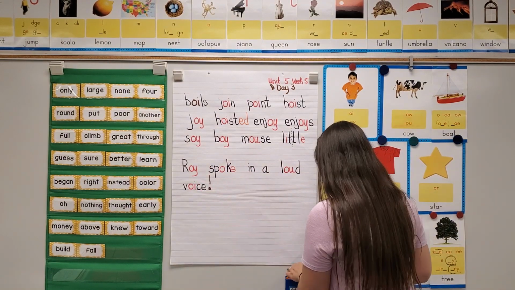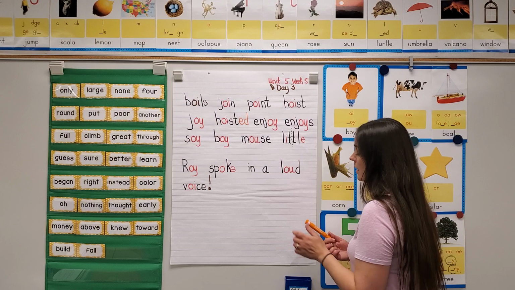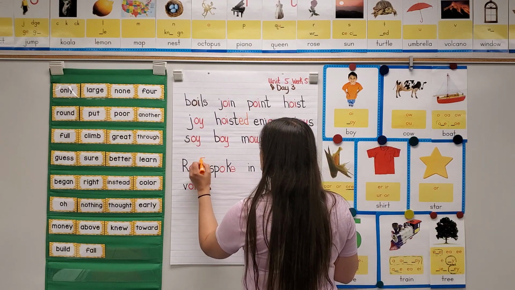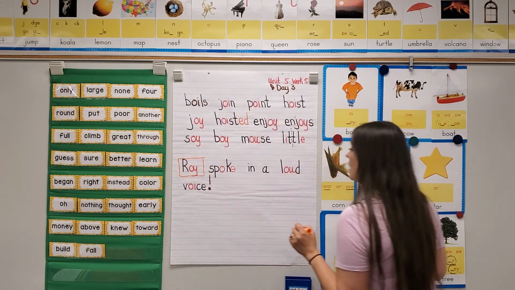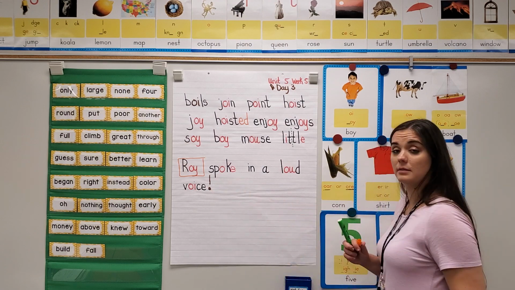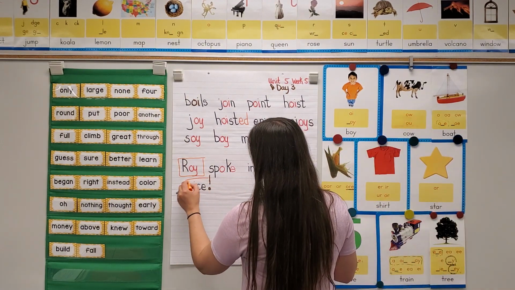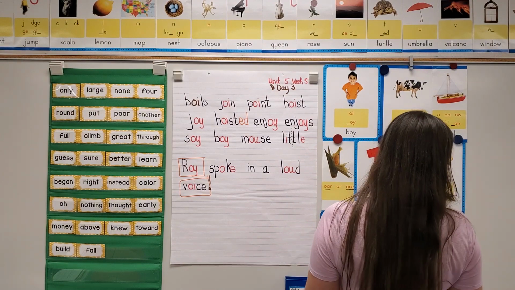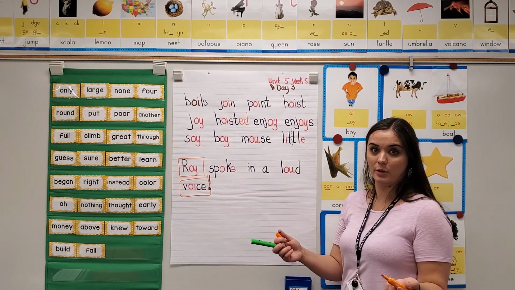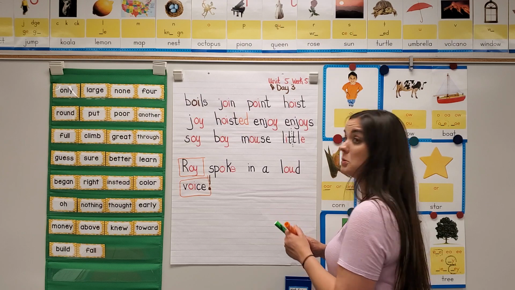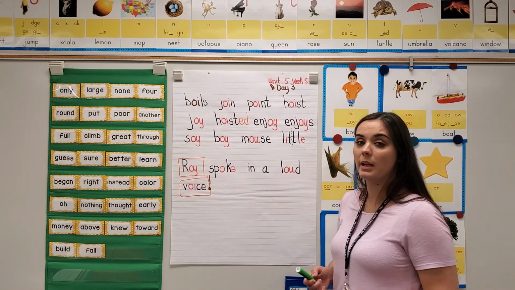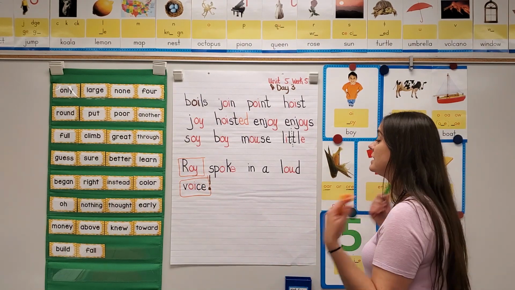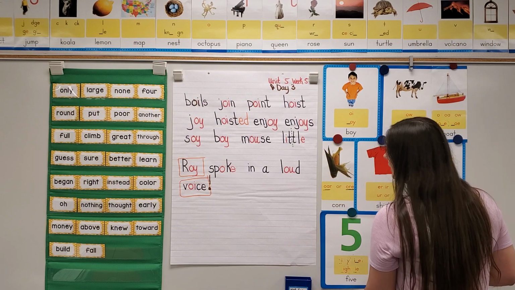Okay, so let's do some nouns and verbs. So Roy is a noun because he is a person. Voice is also a noun, because it's also a thing. I think yesterday, the boy lost his voice because he spoke too loud. So maybe that boy was Roy. Roy lost his voice because he spoke too loud.